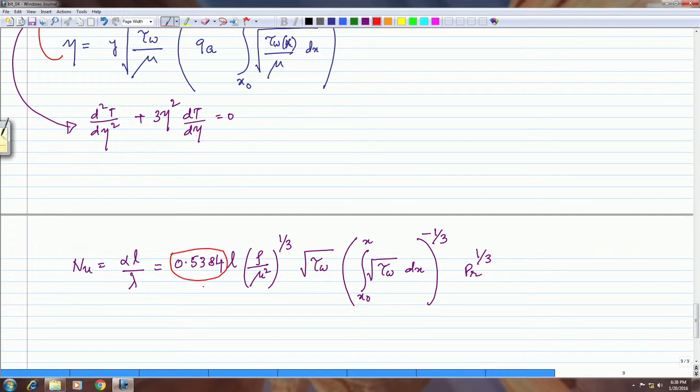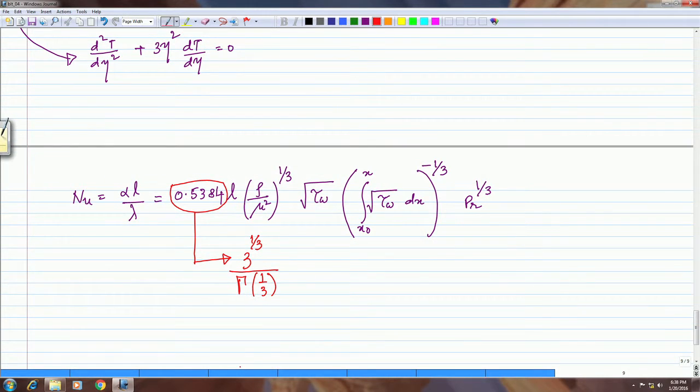This term is basically given by this. The capital gamma that you see is nothing but the gamma function. So this is the solution that you get.